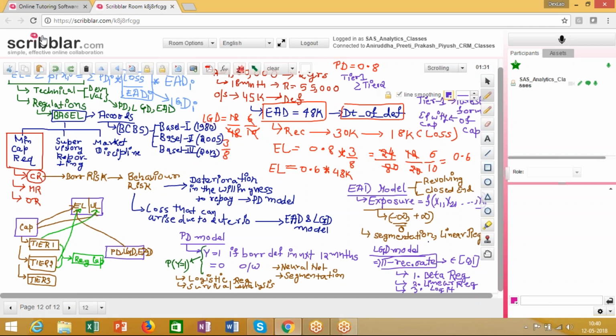Now the LGD model for a commercial portfolio and the LGD model for a retail portfolio are developed in a very different manner. The LGD model for a revolving product and the LGD model for a closed-end product are again used and developed in a different manner.